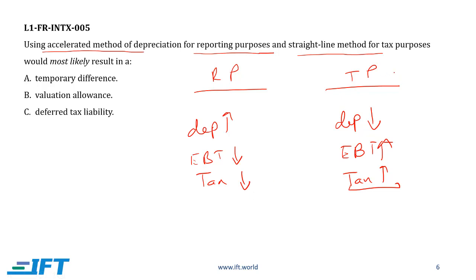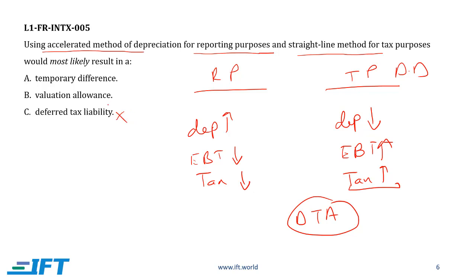So if you would have used double declining in your tax books, then your deferred tax liability would have been generated. But over here, what is generated? Deferred tax asset. So do we have a deferred tax asset in any of the options? No. So we are quite sure that deferred tax liability is not generated.